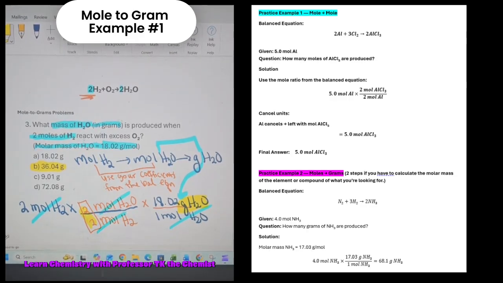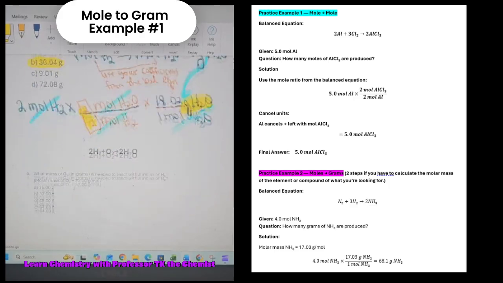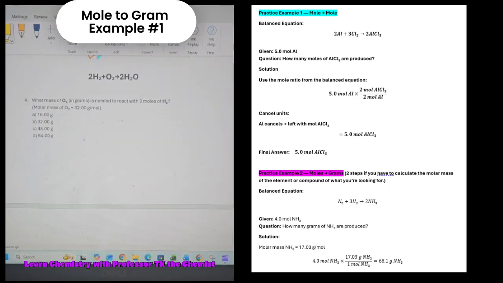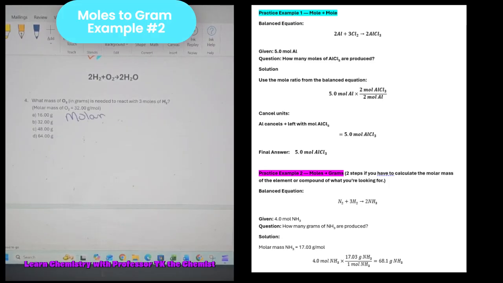Okay, Ashley, yes. Let me go ahead and tell you. Okay, in case your professors do not give you the molar mass, for instance, let me see if we got another one. Okay, yes, I'm going to do this one right here. So that way you can see what's going on. If I do not give you the molar mass, right? Here's how you calculate it. It's real easy. Molar mass. So if you see me write MM, that's molar mass, okay?